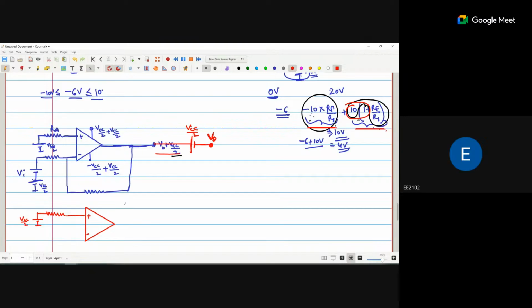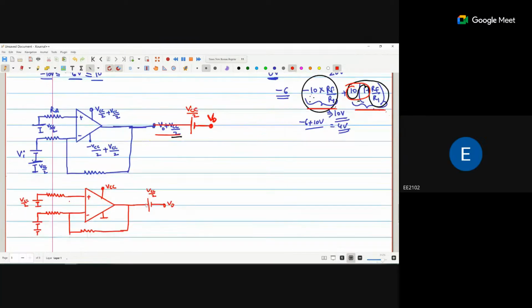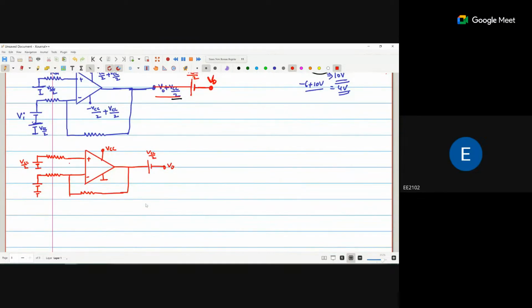We again require two different batteries: one battery with the VCC supply, and one with the VCC by 2 supply.